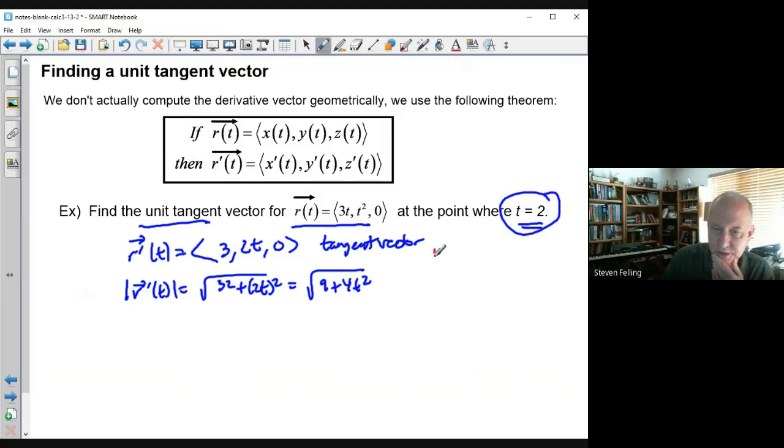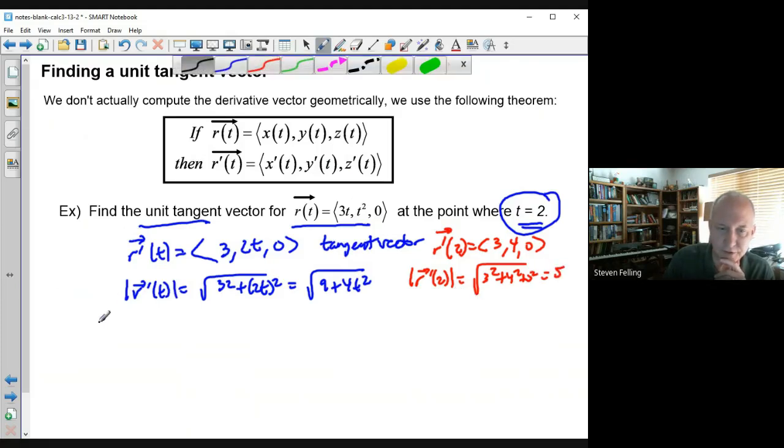If I wanted to find the tangent vector at the point 2, I could plug the 2 in for the t. That would give me 3, 4, 0. Therefore the magnitude of that vector would be the square root of 3 squared plus 4 squared plus 0 squared, which is 5.